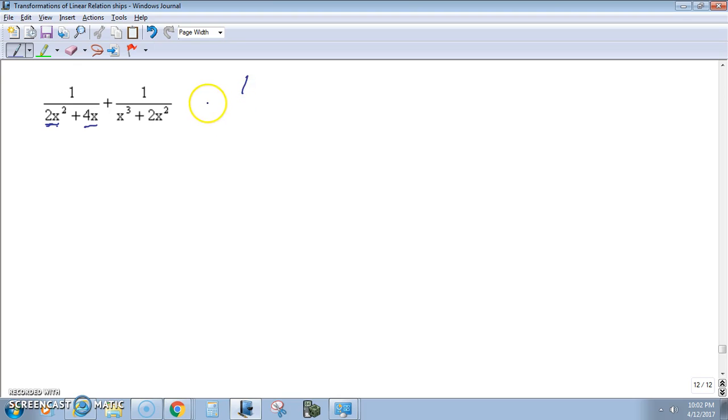So I'm going to factor the 2x out. If I do that, then I have x here plus 2. Okay, so look, if I multiplied 2x times x, I get 2x squared, and if I multiplied 2x times 2, I get 4x.